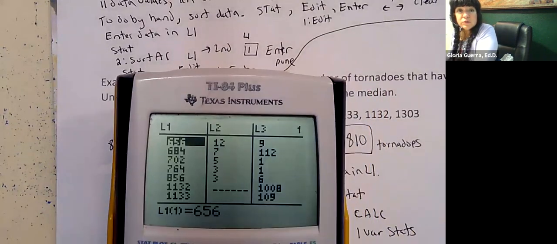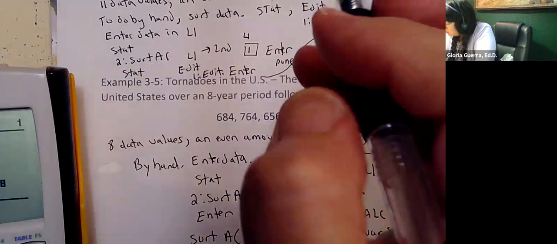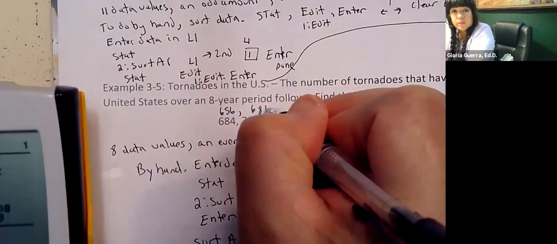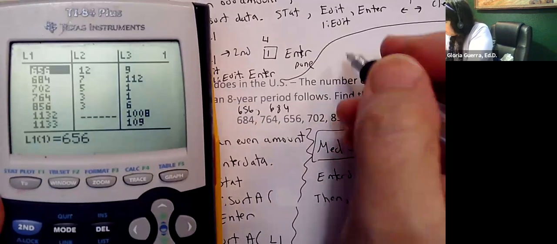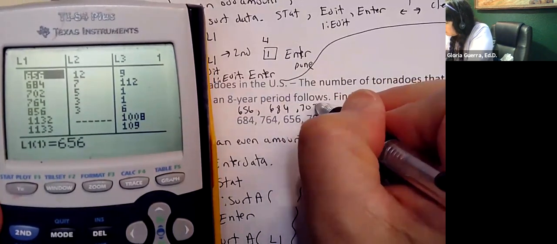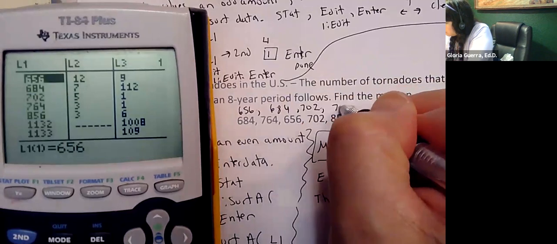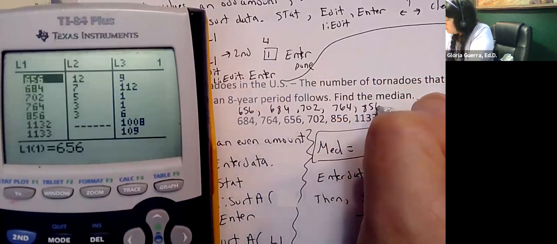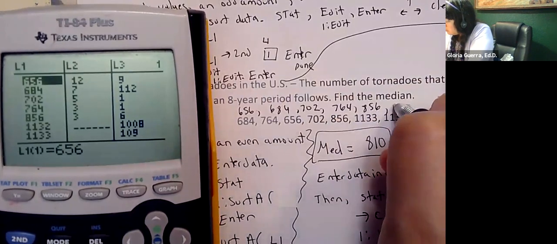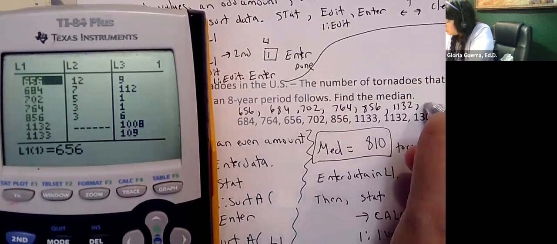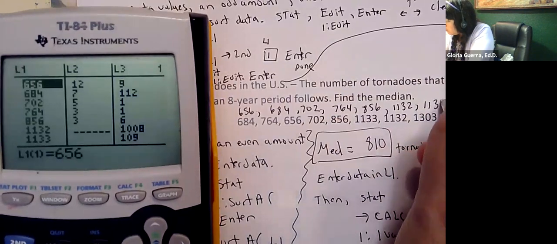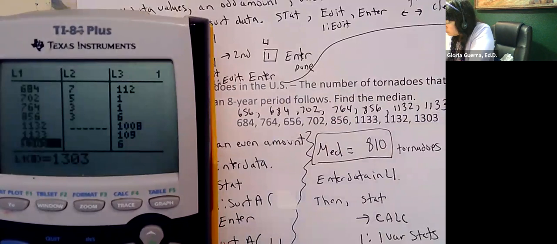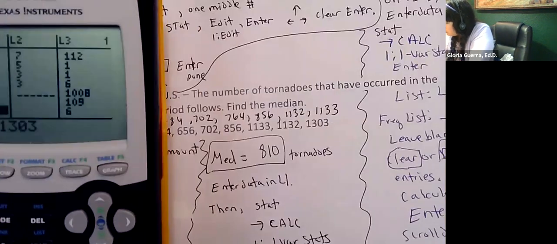So see, there's 656, and then there's 684, and then there's 702, 764, 856, 1132, 1133, 1303.